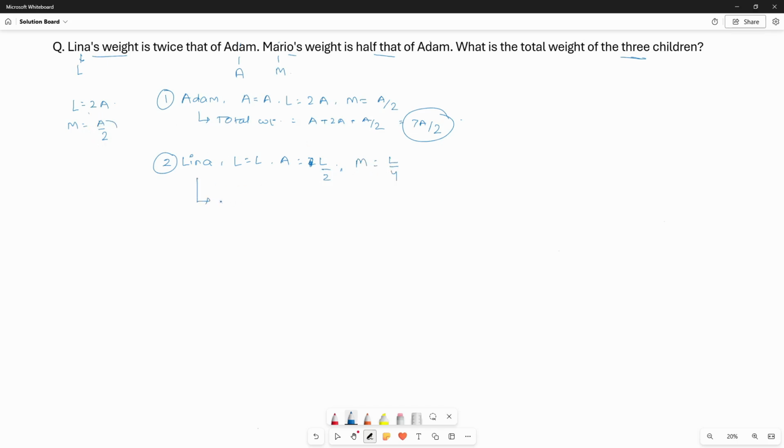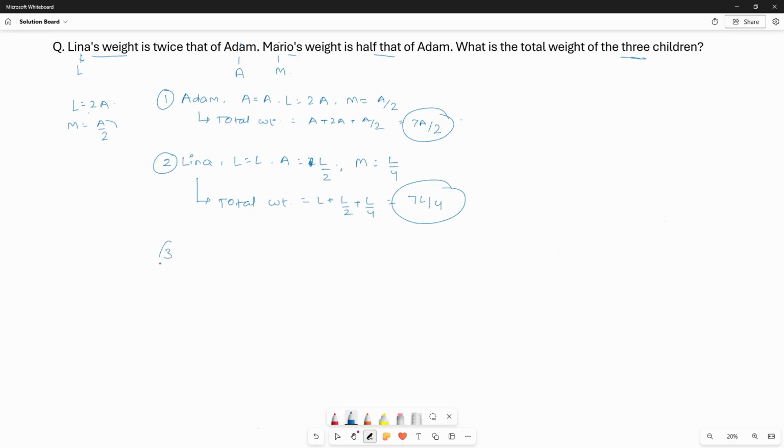So from Lina's perspective, the total weight is equal to L plus L over 2 plus L over 4. This is 4L plus 2L, 6L, plus L, 7L over 4.